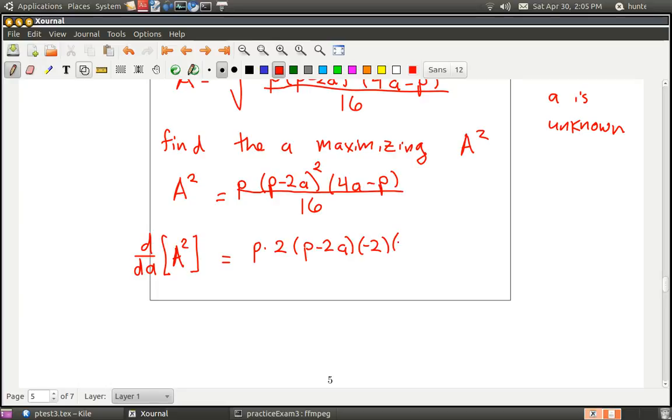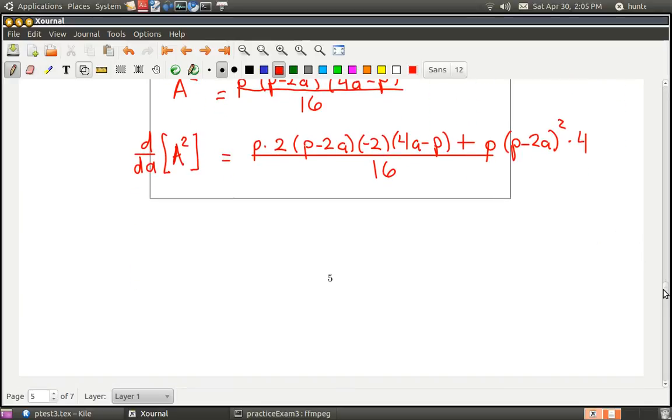Then I have to use the product rule, minus P, plus, and this P is going to come along for the ride, and now P minus 2A just sits there, and now I take the derivative of this last part, which is 4. And this is all over 16. Now we're going to be able to massively clean this up. So let's get started doing that.